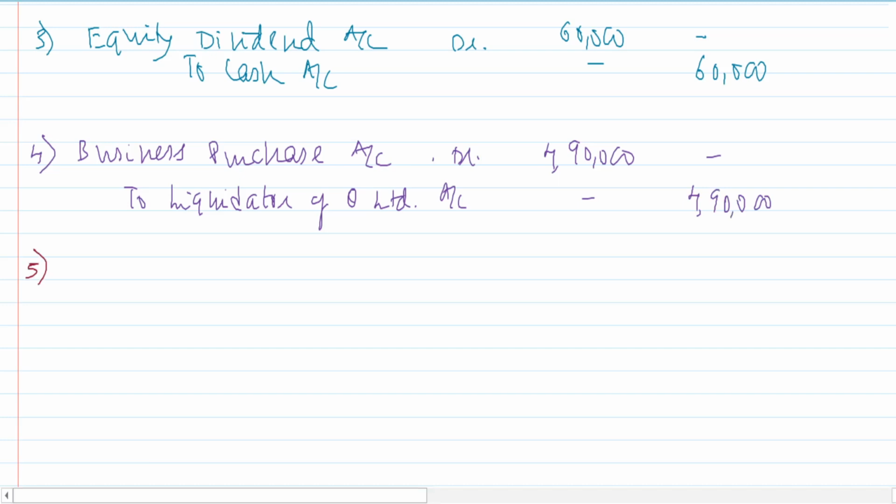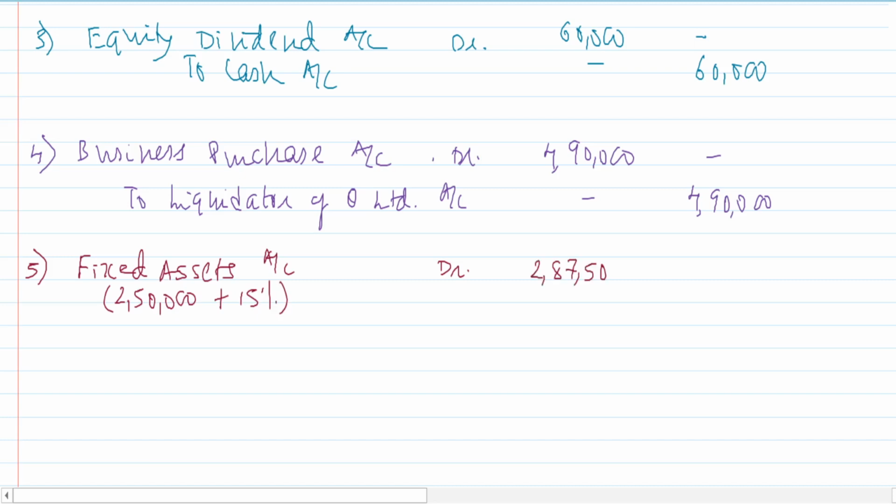Let's incorporate the assets and the liabilities that we will take over. We are following the purchase method, so we will record them at their agreed values. Fixed assets account debit. In the balance sheet, the fixed assets of the selling company is 2,50,000. We will appreciate that by 15%: 2,87,500.